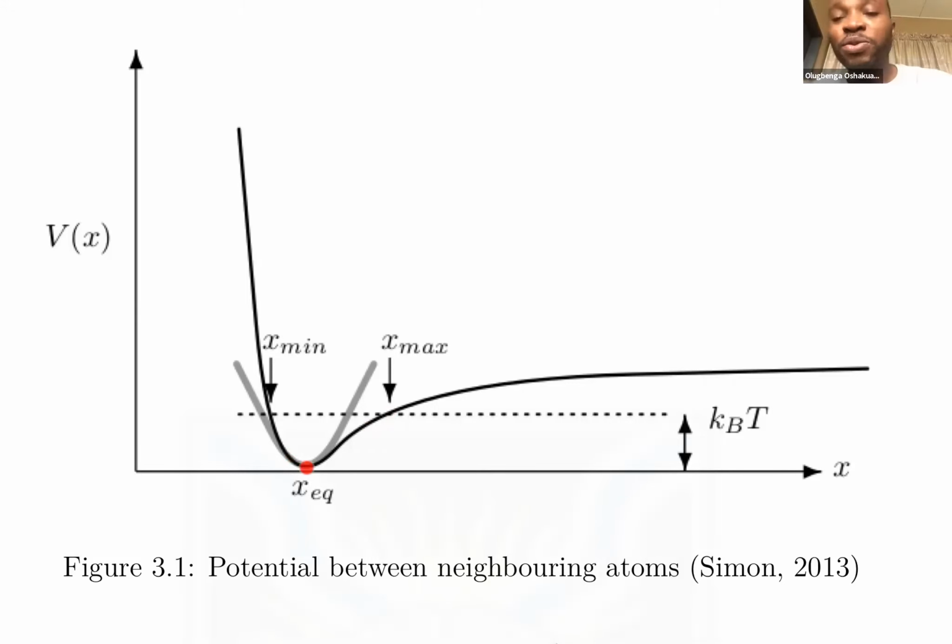The point I want you to notice here is that by the time this atom, we said the atom is at this point, let me take color red. That means that, so let me put this back and let's oscillate again from the left, to the right, to the left.